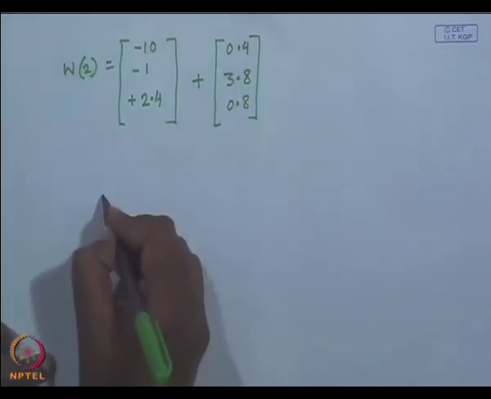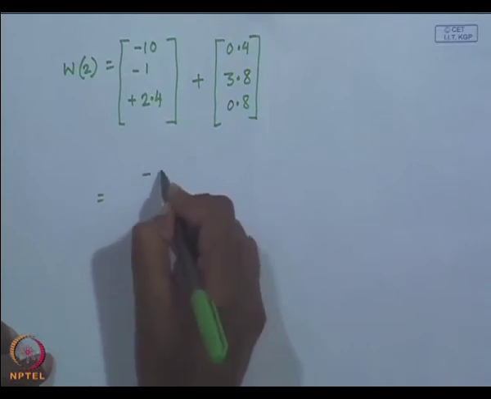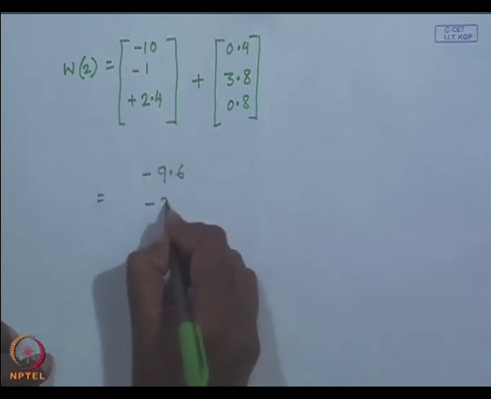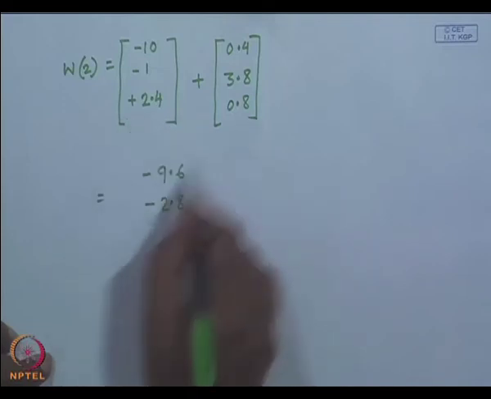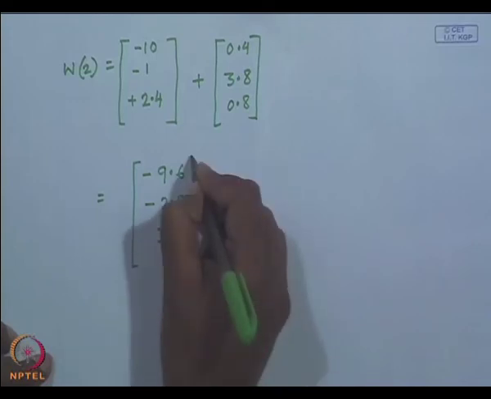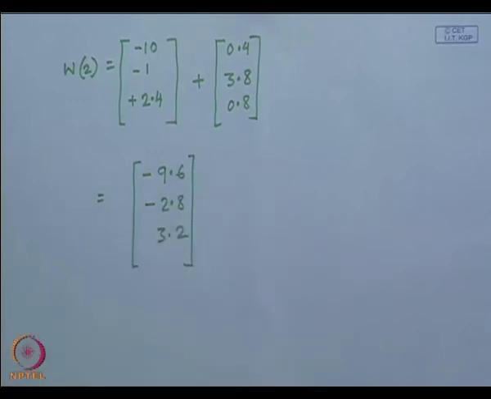So, which will be simply minus 9.6, minus 2.8, and this is 3.2.